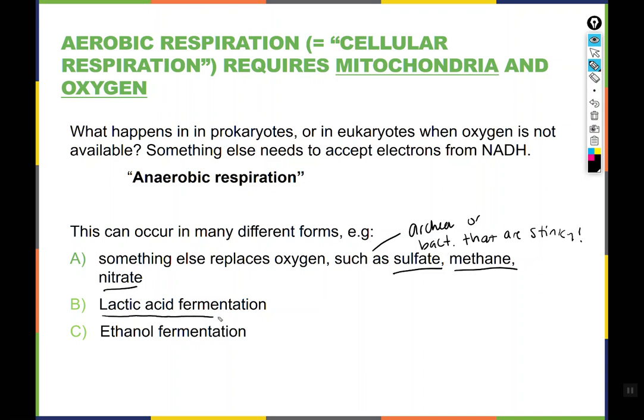Lactic acid fermentation is one form, and that's the form that occurs in animal cells when they run out of oxygen. And finally, ethanol fermentation. So this is the one that produces products like beer and wine that people like to drink, but they're really just the metabolic outcome of fermenters.